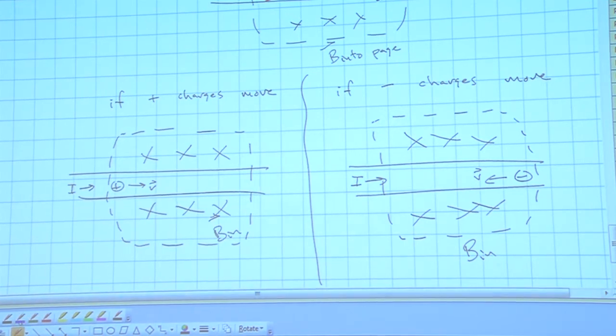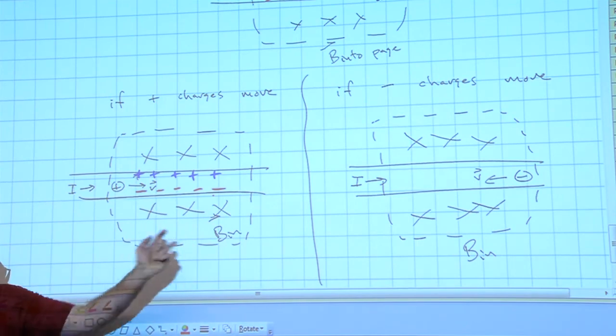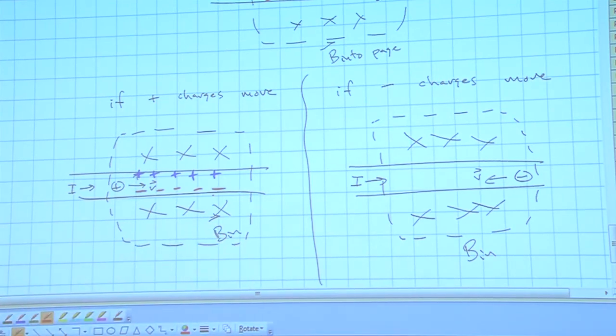We just did it, right? Goes up. What happens with the negative charge moving to the left in that magnetic field? Where does our negative charge go? Up.